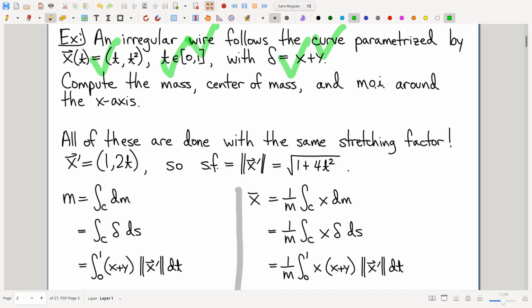It's the same wire, so all of that's the same for all 4 questions. Same parameterization means we have the same velocity, and therefore, using the same formula for the stretching factor, we get the same formula for the speed. So all of that stuff that I have in green there is going to be exactly the same for all 4 of these questions. And it's really convenient to notice this because then you can do the calculations in parallel with each other, since they use so much of the same stuff.